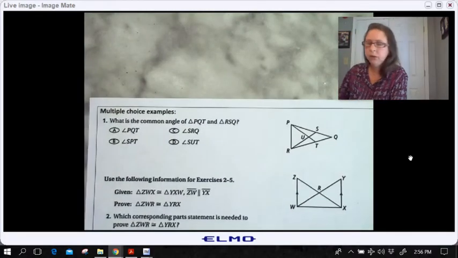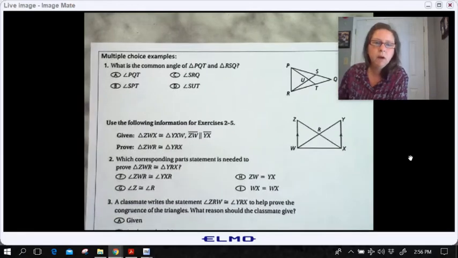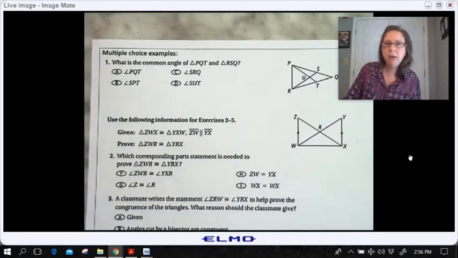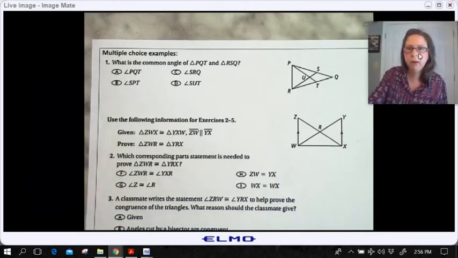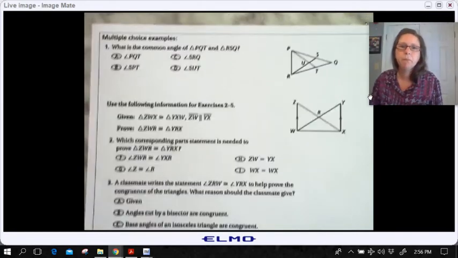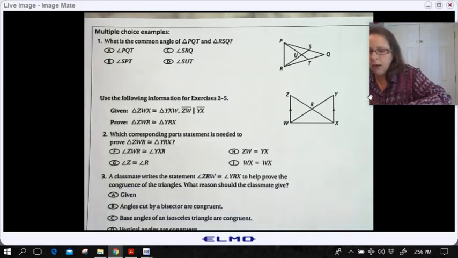Okay, so let's deal with some EOC style questions. What is the common angle of PQT and RSQ? So let me move my video a little bit. Okay, so let's first just draw out what these are.